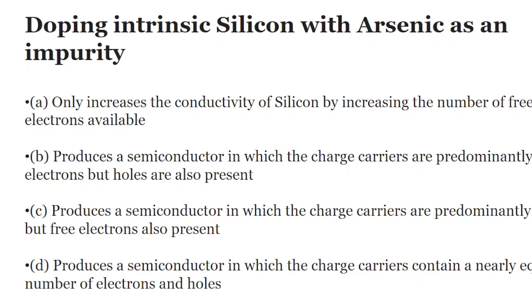Option D is produce a semiconductor in which the charge carriers contain a nearly equal number of electrons and holes. Then option B is the right answer.